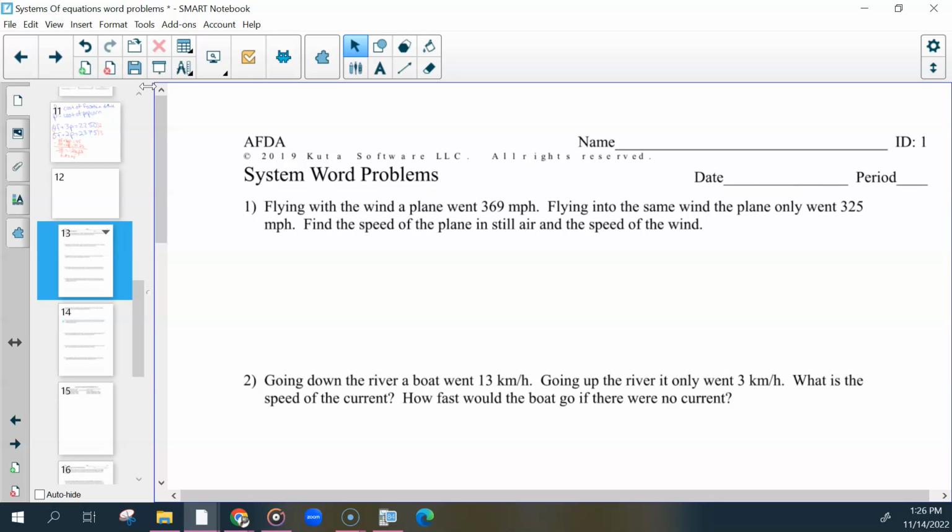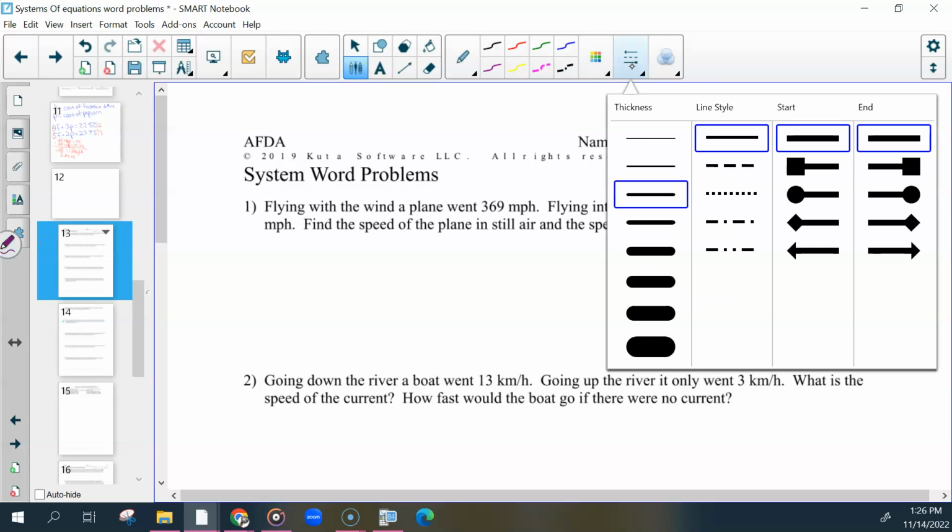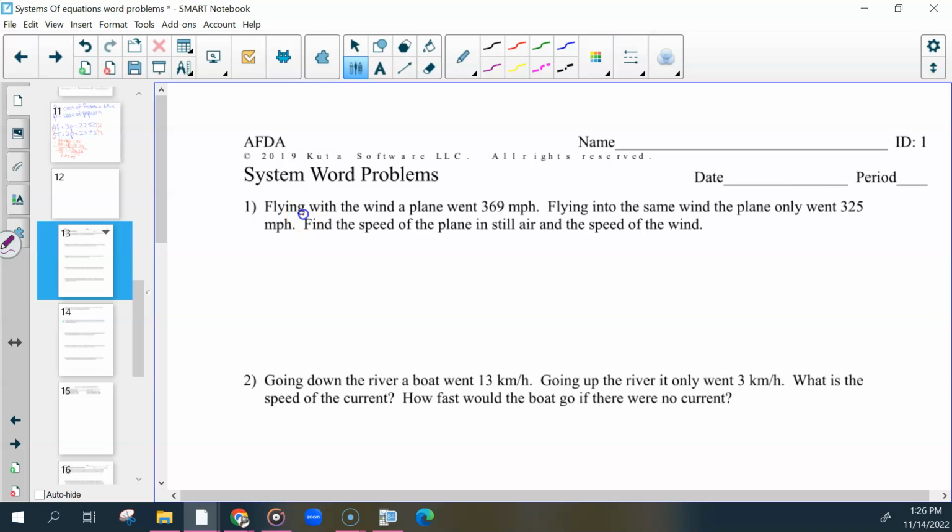For number 1, we are flying with the wind of a plane that went 369 miles per hour, flying into the same wind that only went 325 miles per hour. We need to find the speed of the plane in still air, that just means the wind is not helping it, and the speed of the wind.